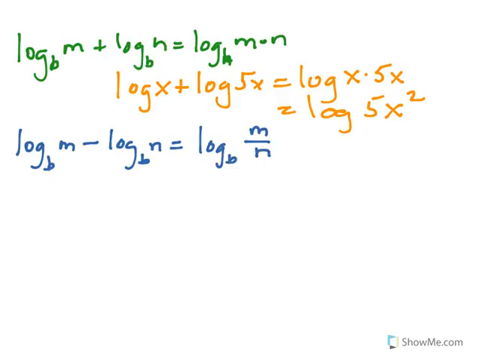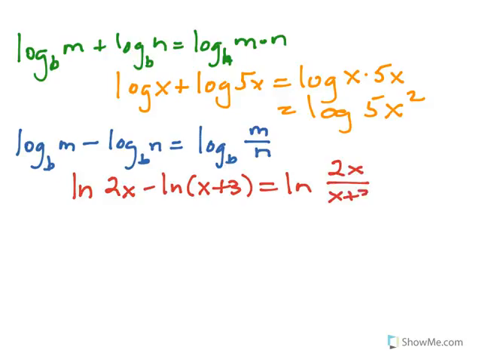A useful example of that could be that the natural log of 2x subtract the natural log of the group x plus 3 could be rewritten as a single natural log of the fraction 2x over x plus 3. The third property is the one about multiplying powers.